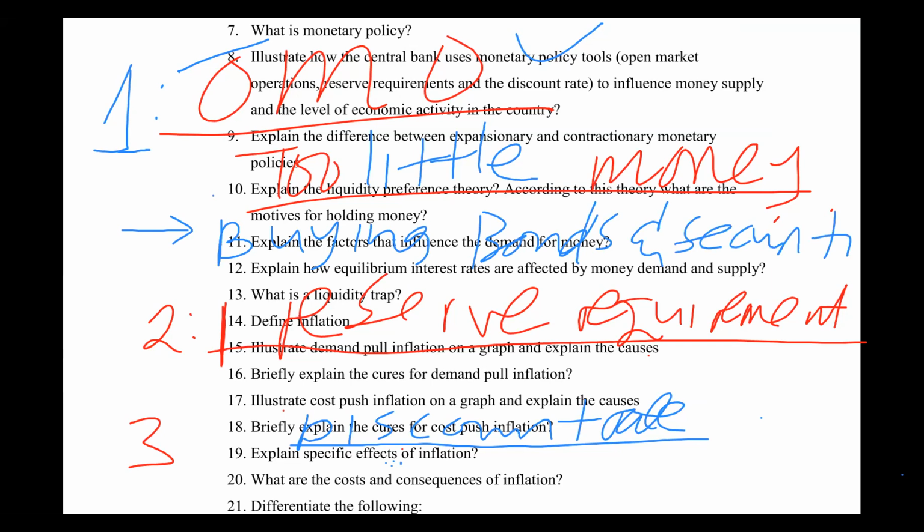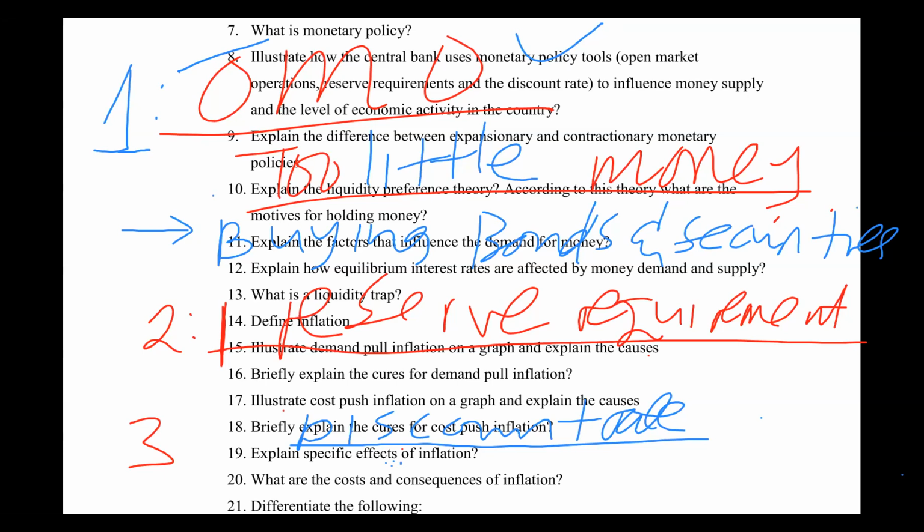So what happens is that the central bank buys bonds and securities from the corporations. They're what you call corporate bonds, okay, from corporations. So the commercial bank buys the bonds, they buy securities from the public. So as they buy, it means that they're giving money, isn't it?